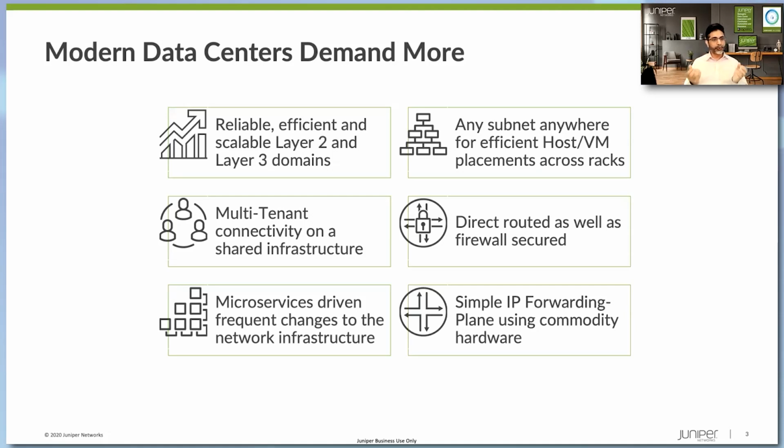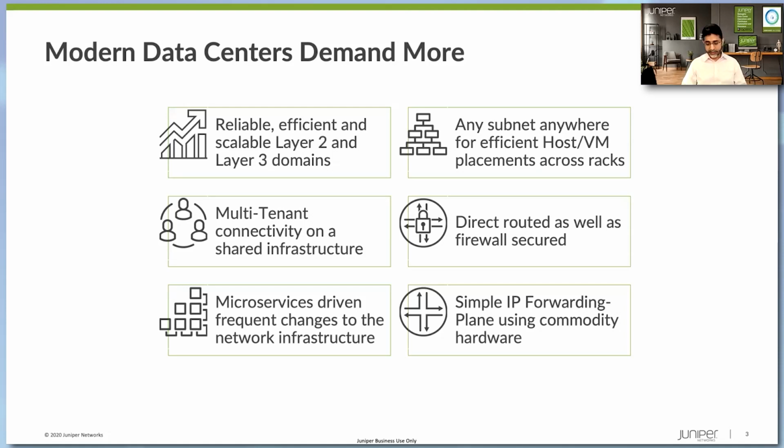You want to be able to use simple IP forwarding hardware wherever possible, spine, super spine, or core of the network, while the edge of your network is doing intelligent things like the things I described above. This is not a complete list, but I just tried to highlight some common scenarios. If you have seen any other challenges, or if you want to share something that you are running into, please feel free to put it in the chat, and we'll try to get to it towards the end.